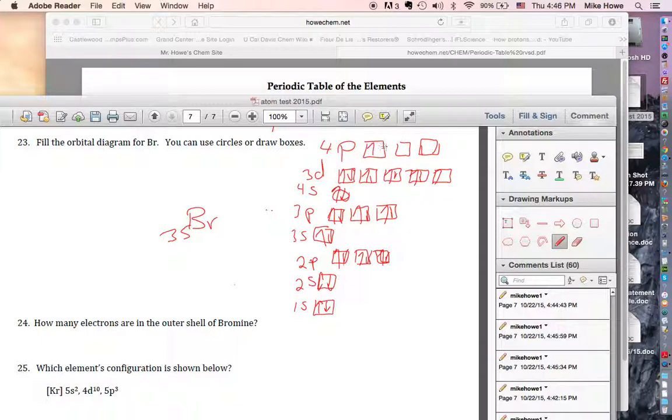Okay, so here we go. 30. What did I say I was at right here? That was 30. Oh, I know. So I've got to put this guy in over here. Okay, there's 30.